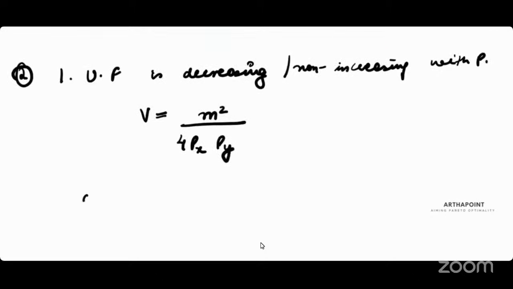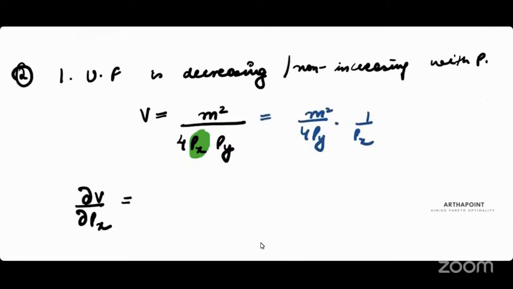Differentiate this function. You will get del v by del px equal to, now see here, px is coming in the denominator. If you want, I can also write this as m square by 4py into 1 by px. And the differentiation of 1 by px will be minus 1 by px square, into m square by 4py.